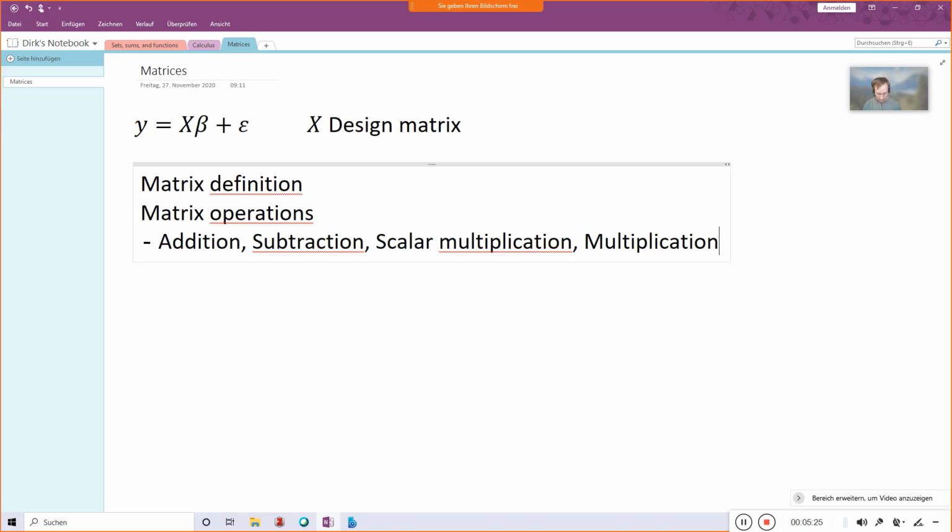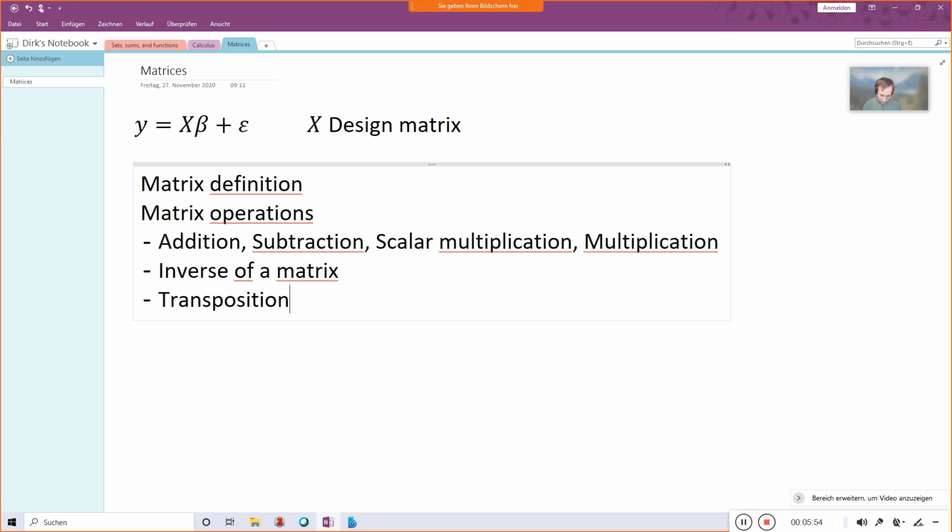And once we have introduced those, we will also discuss the inverse of a matrix, and transposition, which will be fairly quick. I think that's most of the stuff that we want to do today.